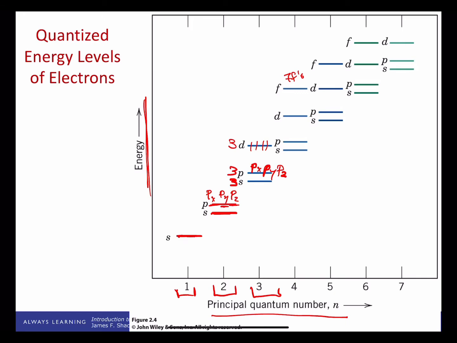So in the case of carbon, with its 6 electrons for the neutral carbon atom, we would put 2 electrons into the 1s orbital, another 2 electrons into the 2s orbital, and the final 2 electrons distributed into 2 of the 2p orbitals shown here.